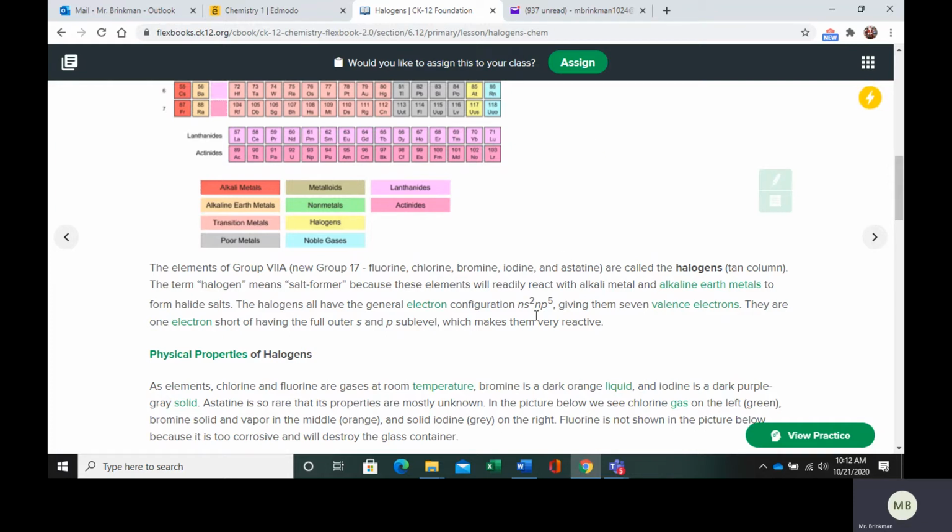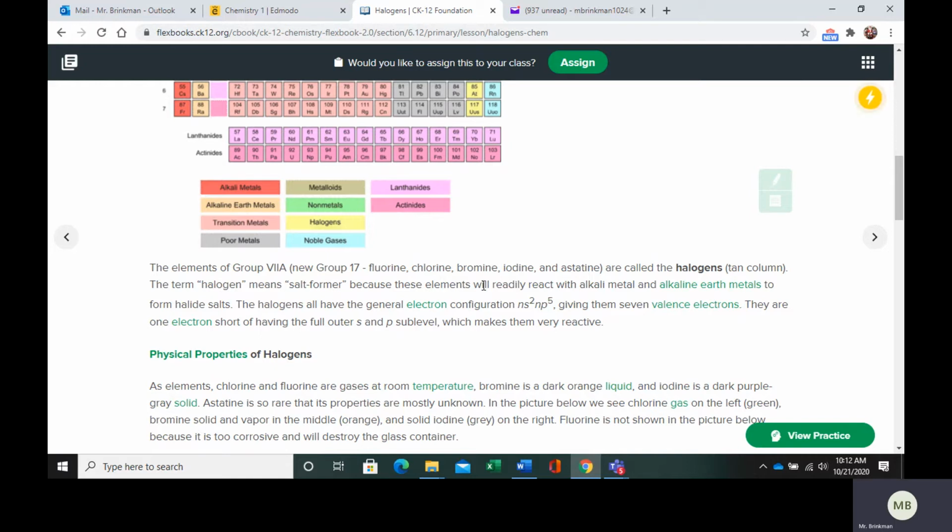So the halogens are going to be looking for an electron to fill this outer p shell. How halogens get their name is that the term halogen means salt former.